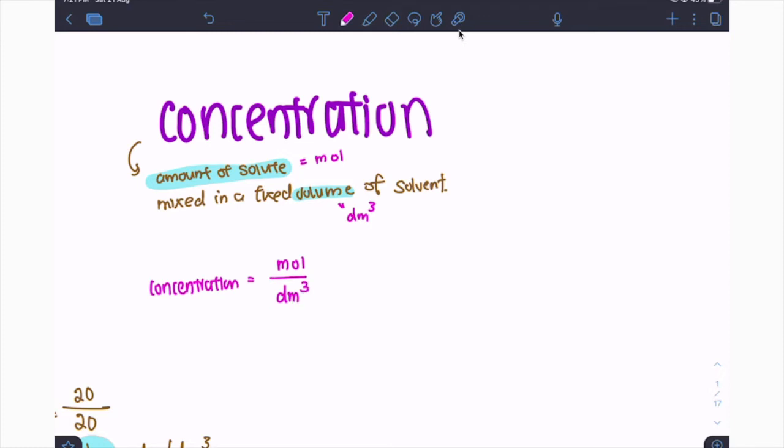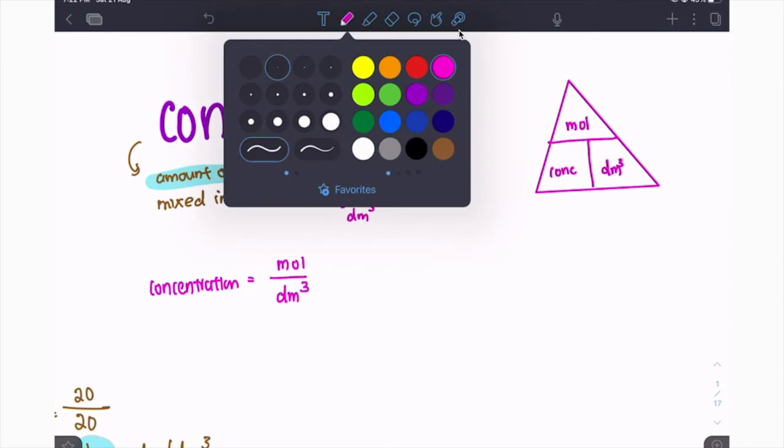So over here, I'm going to introduce you to your second triangle. It's going to look like this. I'm going to use Conc as a short form for concentration. So similar to the mass, mole, MR triangle, you need to be able to manipulate the terms inside here.